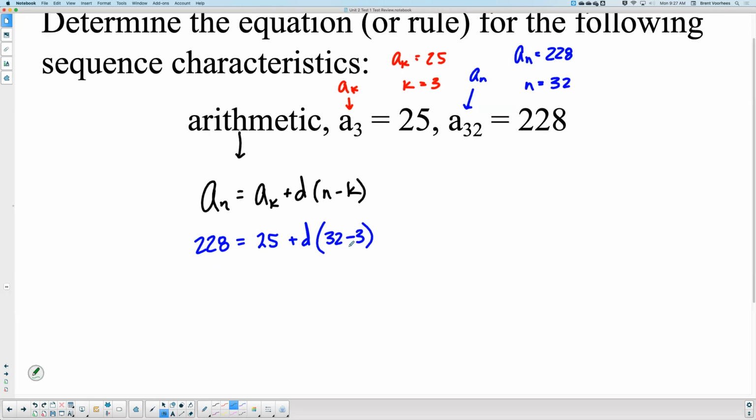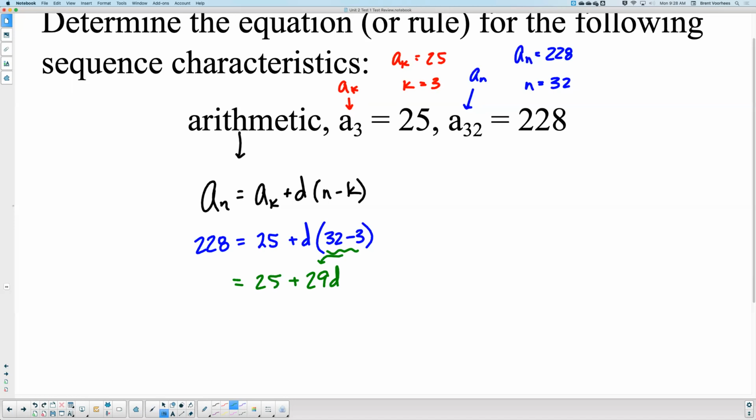According to PEMDAS, we need to do this subtraction first. That's 29. Are you all okay if I write that as 29D? You see how I just switched the order? 32 minus 3 is 29, and I put that in front of the D because that's how we usually do it.